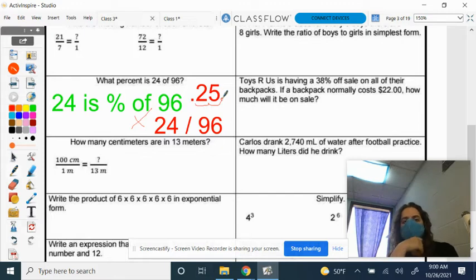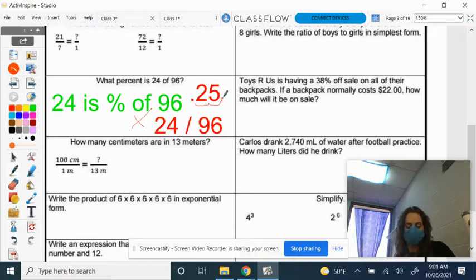Yes, Jacob? What I did was I saw that I had 24 and 96. So I know that to get to 96, you multiply 24 by 4. I pretended that the 96 was like 100, and I saw that 25 times 4 was 100.